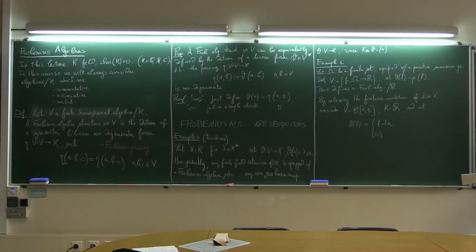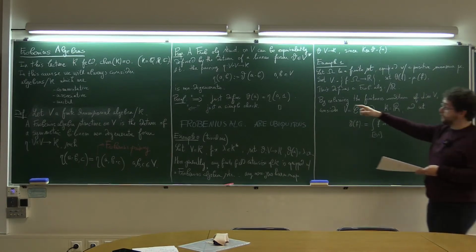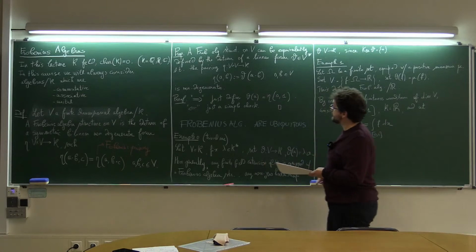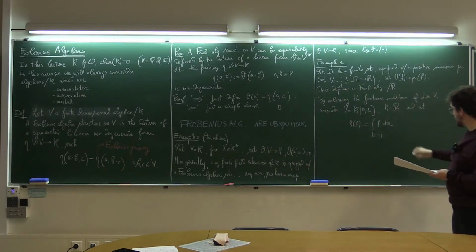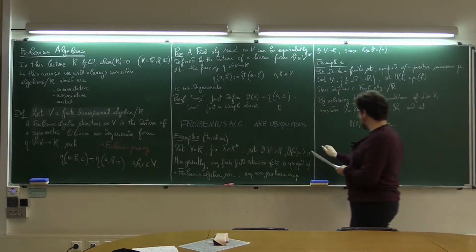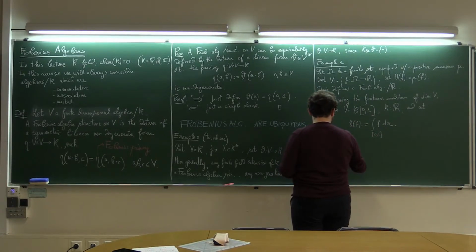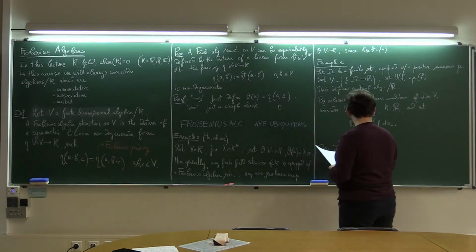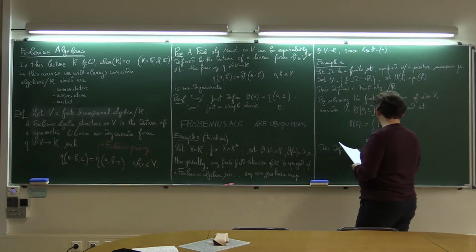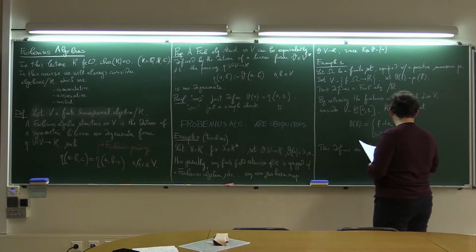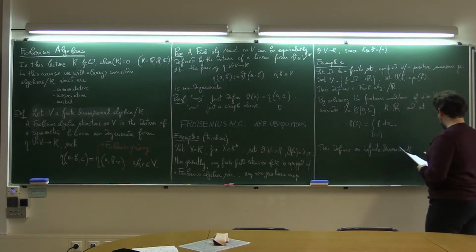It is an easy exercise of real analysis to show this property. I leave it to you as an exercise. It is very elementary. So this defines an infinite dimensional Frobenius algebra.